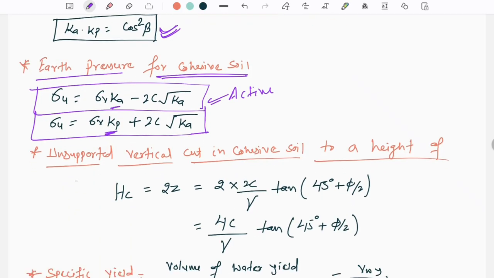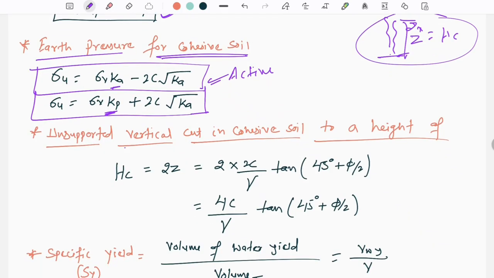Okay, now the unsupported vertical cut in cohesive soil. For the unsupported vertical cut, suppose the center is z, so the total is 2 times z, meaning hc is equal to 2z. hc is the total vertical cut.